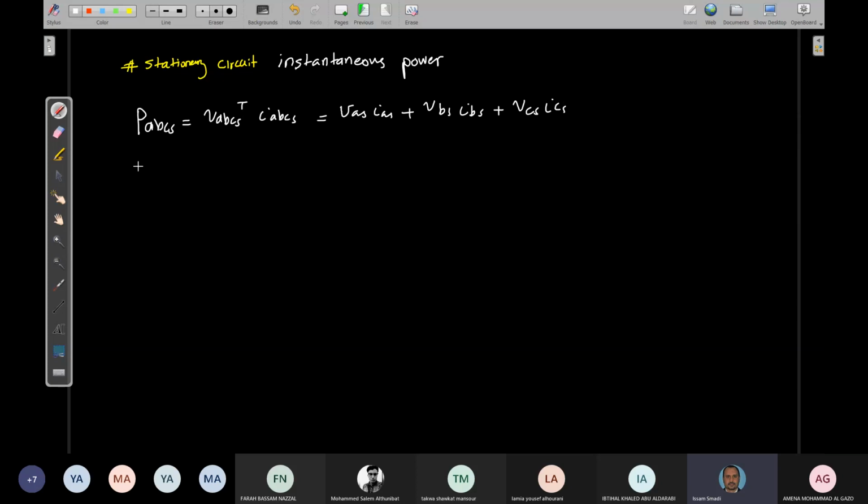Now I need to calculate the power in the QD0S. How can I do that? I need to find the relation, the power in terms of the Q and D reference frame. Now, this power in terms of what? In the ABC. How can I do that?